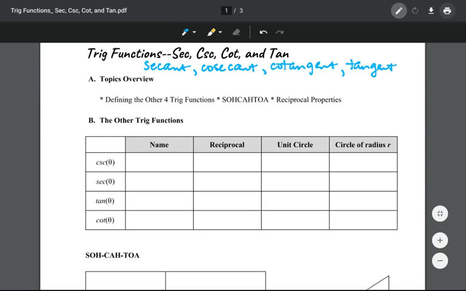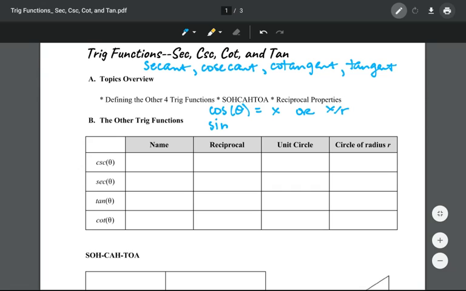It's important to start off with cosine and sine before we dive into these other ones. Just remembering from what we saw earlier, the cosine of some angle theta is equal to x on the unit circle, or x over r if we're off of the unit circle.